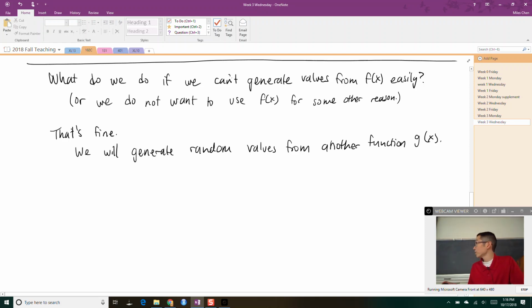And again, g of x has to be a PDF. So the requirements are that g of x is a PDF. I guess it's not just any arbitrary function, but g of x is a probability distribution.